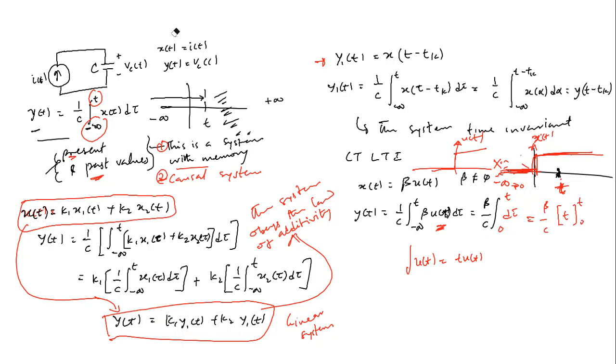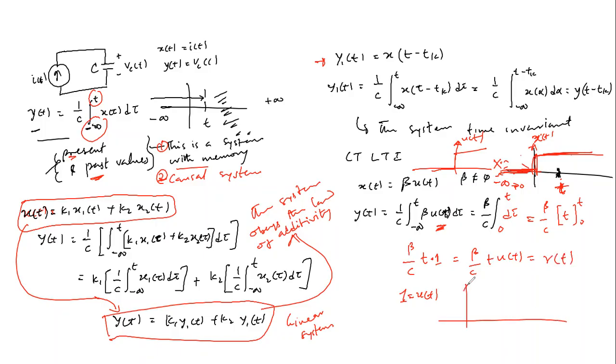Now, so this is going to give us beta over c t. And t is the same as t times 1. And 1 is the same as u of t. Okay, so technically this becomes beta over c t u of t, which is equal to r of t.